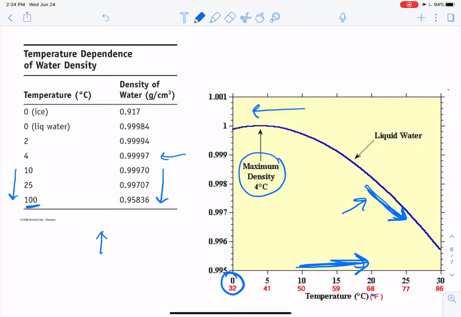Okay, but other substances, when they form solids, their atoms or their molecules are packed super tight. They're closer together than in the liquid form. But water is a little bit different.